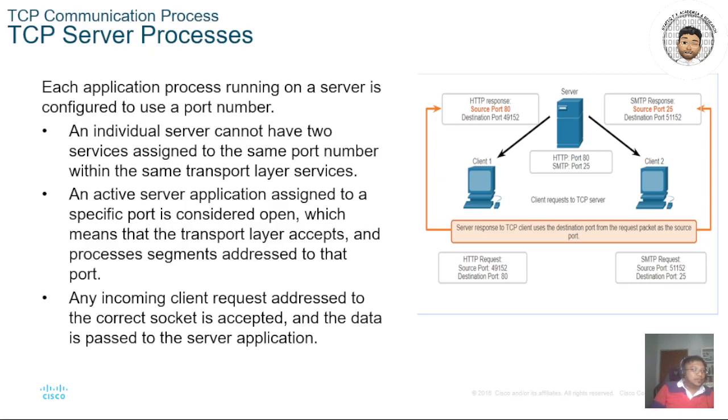When the server wants to send data towards client 1, it will send through door 49152. That means going out through 49152, and the client will receive it coming in under door 49152.